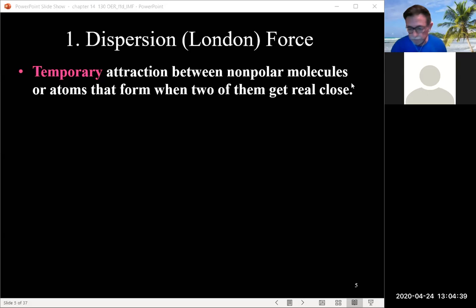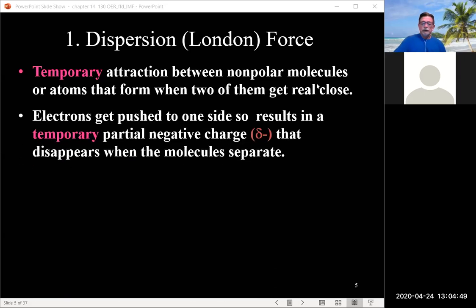Obviously, it doesn't stick on very long. Eventually, it would fall off because it's temporary and it's not very strong. Okay. So this is essentially what's happening here.